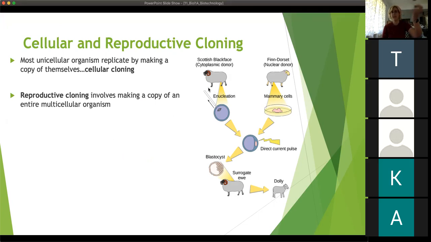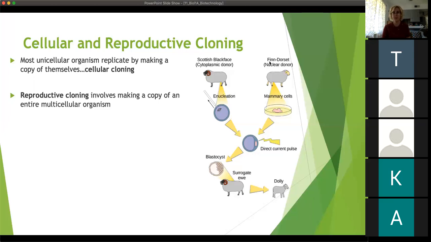And so the way that this process worked when scientists were trying to clone a sheep was they had one type of sheep called a Scottish blackface. I don't really know much about sheep, but that's the kind of sheep it was. They took a regular cell from the sheep, and they did what's called enucleation. They basically removed the nucleus from this cell, and so instead it was just cytoplasm with all of the other cellular contents, but just no nucleus.